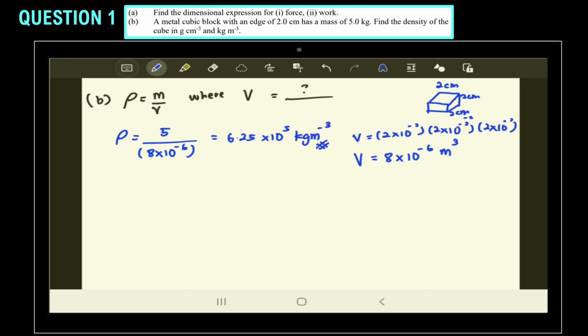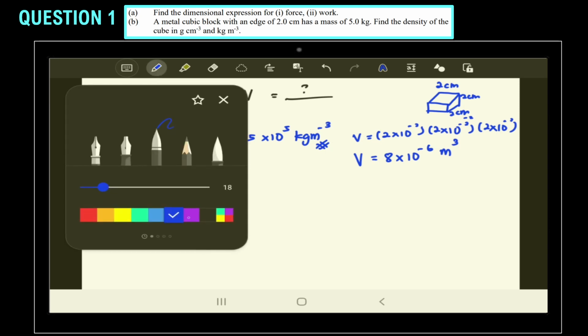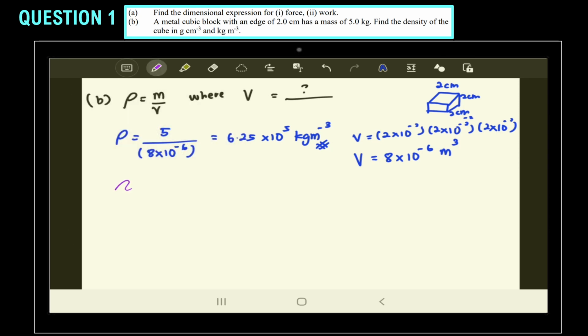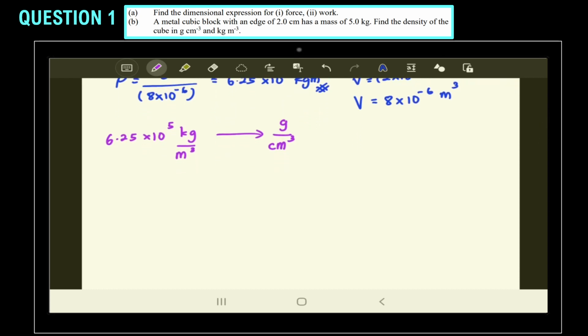Okay. And now we want to change 6.25 times 10 power of 5 kg per meter cube to gram per centimeter cube. So I want to use the cross method.